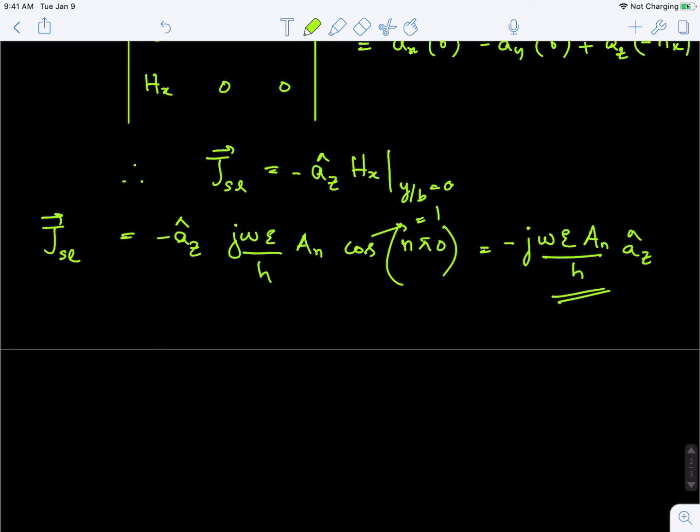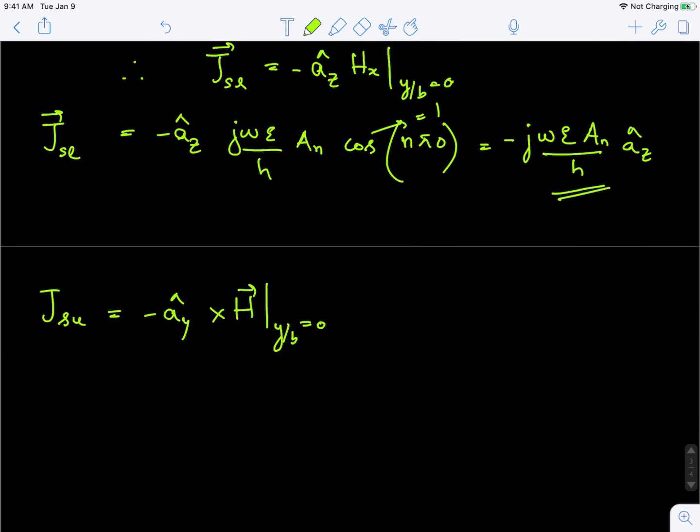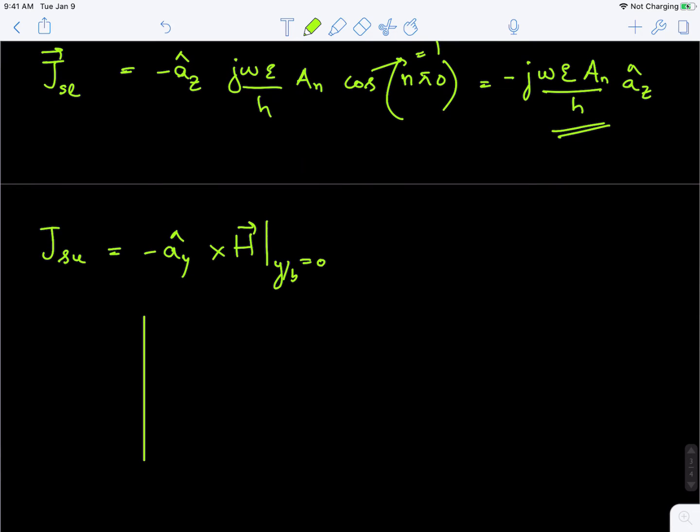So the current density on the lower plate has a negative z direction. Now let's see what happens to the positive z direction. It's going to be the same formula as earlier, so we will do the matrix multiplication again: ax, ay, az, 0, minus 1, 0, and H is going to have Hx, 0, 0.